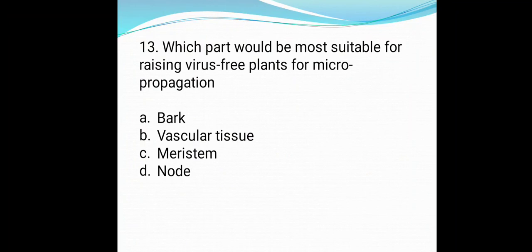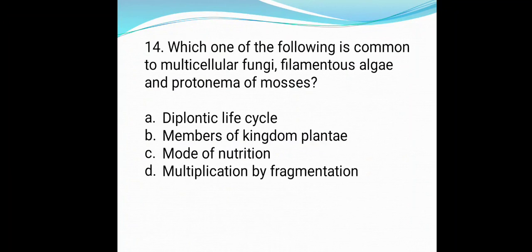Tissue from the shoot apical meristem can be taken and cultured to grow roots and obtain new plants. Therefore, virus-free plants can be obtained from the meristematic tissue of the plant. So the answer is C, the meristem, which is the virus-free part of the plant. Let us see the next question.